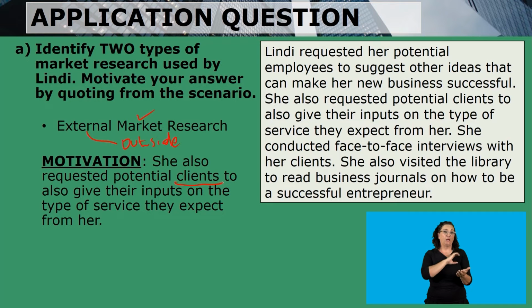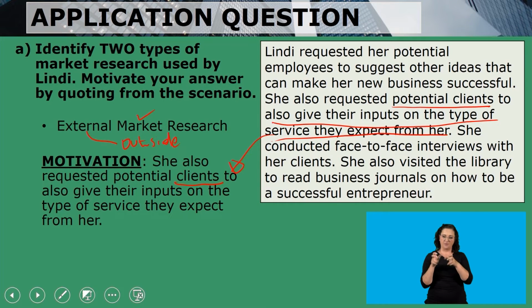These are not from within, to also give their inputs on the type of service they expect from her. These are the people from outside. Like I said to you, directly, word for word from the scenario. I hope it makes sense to you.